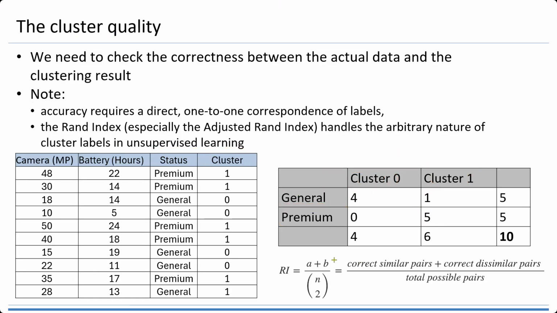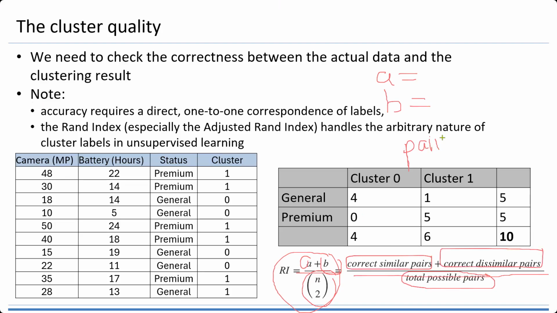The Rand index means (A plus B) divided by N combinatorial 2. A represents the correct similar pairs, B represents the correct dissimilar pairs, divided by the total possible pairs.